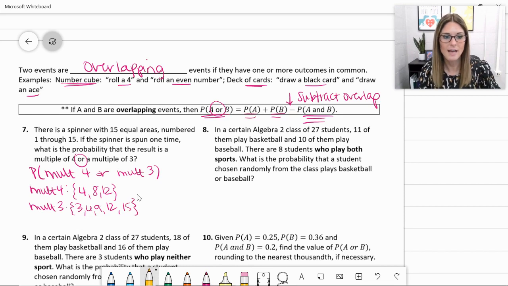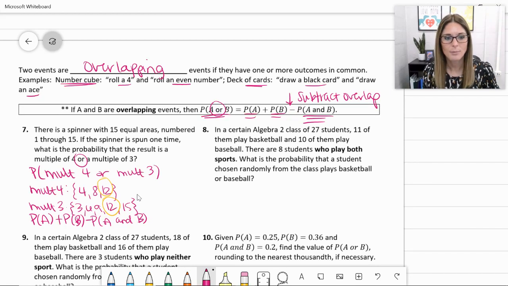Now notice they overlapped, right? There are 12s in each of those lists. So we're going to take our probability of A and add it with our probability of B, but because they are sharing outcomes, we need to subtract that overlap of A and B. Our probability of A, there were 3 out of 15 sections. Our probability of B, there were 5 out of 15 sections.